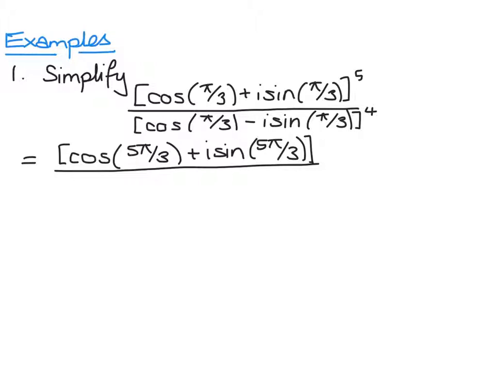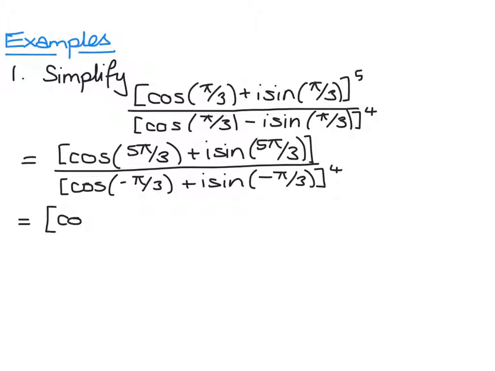Now here we want to be able to apply de Moivre's theorem, but we can't because this has got a minus i sine. So as cos is symmetric and sine is an odd function, we can say that this is actually equivalent to (cos of minus pi over 3 plus i sine of minus pi over 3) all to the power of 4. Now we can apply de Moivre's theorem, but count this as a minus 4 so that we can move it up into the numerator.